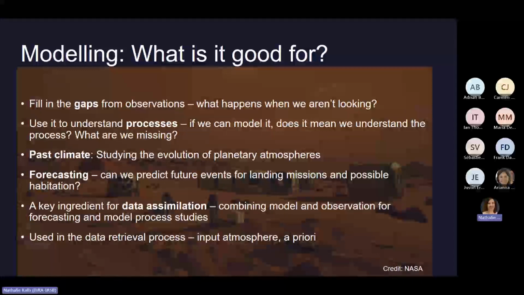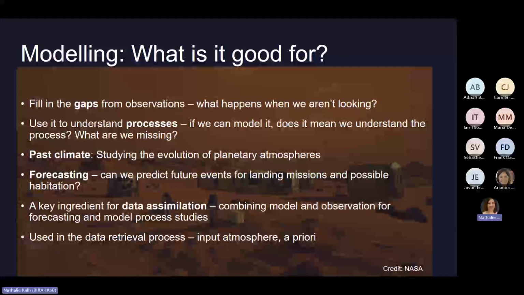If we can model it and get it right, does that mean we really understand the process, or do we get the right answer for the wrong reason, or things like that? So it really helps us to figure out what we're missing. Sometimes it's just difficult to numerically represent a subgrid scale tiny thing that happens in the atmosphere, but we're always trying to figure out ways to do that.